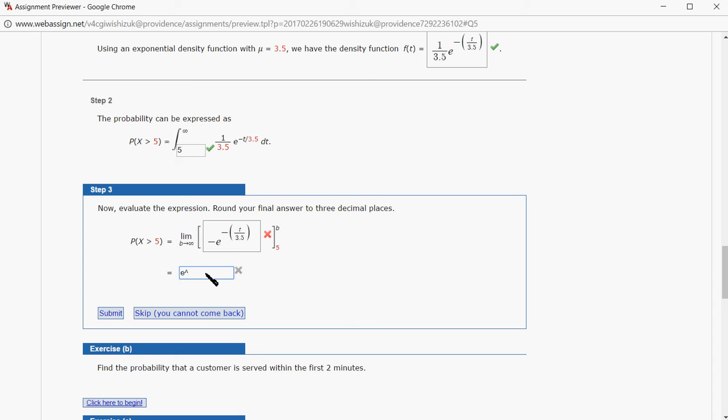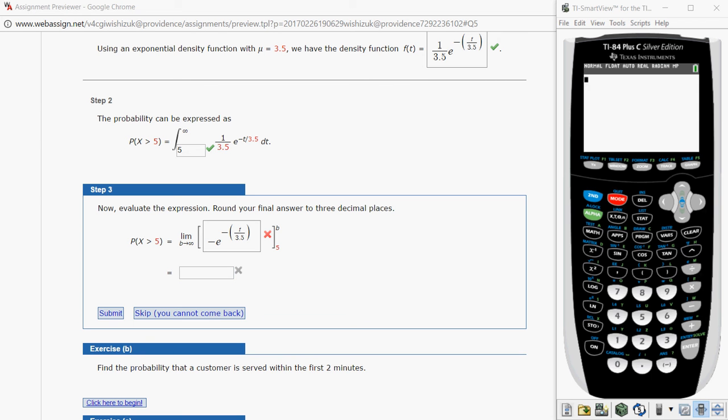We need 3 decimal places, so I have to compute this. I'm going to bring out the calculator. It's going to be positive, plugging in 5, so we compute e to the negative 5 over 3.5.